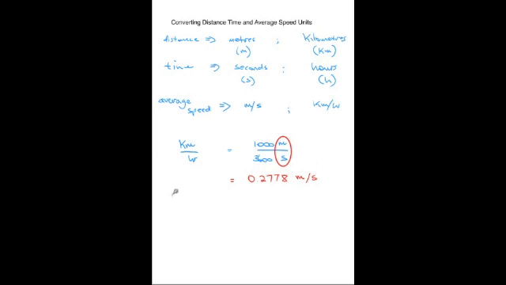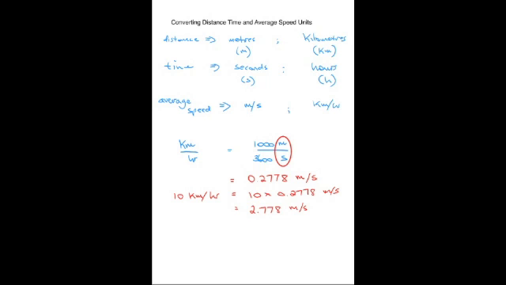So therefore, if I had an amount of, let's say, 10 kilometers per hour, how many meters per second would that be? Well, that would in fact be 10 times 0.2778 meters per second. In other words, 2.778 meters per second is equal to 10 kilometers per hour.